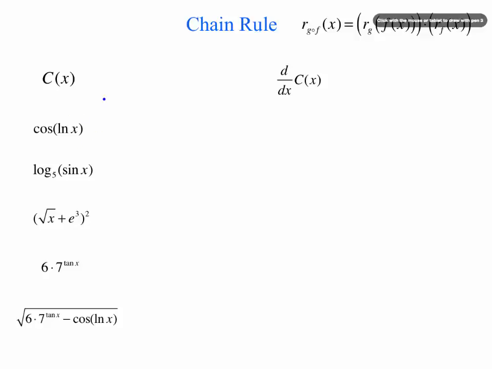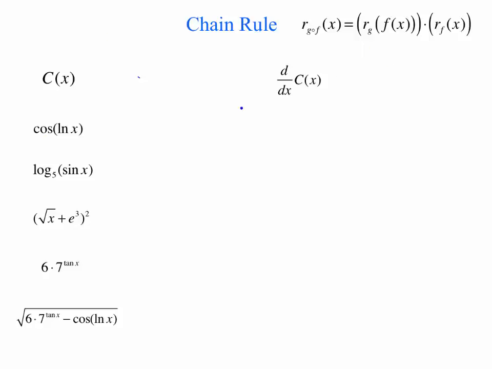So we recognize that that is one function as an interior function plugged into an exterior function. So what is the exterior function? Just the exterior function is cosine.